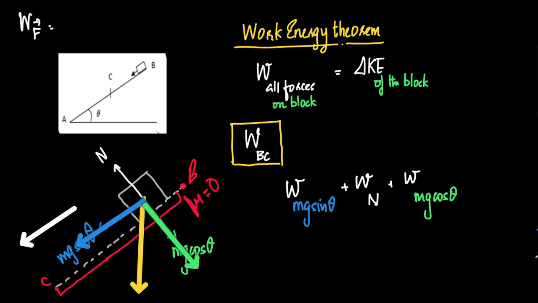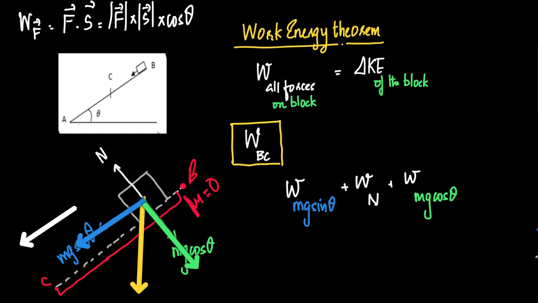This is equal to vector F dot vector s, which is further equal to the magnitude of vector F times the magnitude of vector s times cos of the angle between them. Not the theta we are talking about here, it's the angle between the force and the displacement.